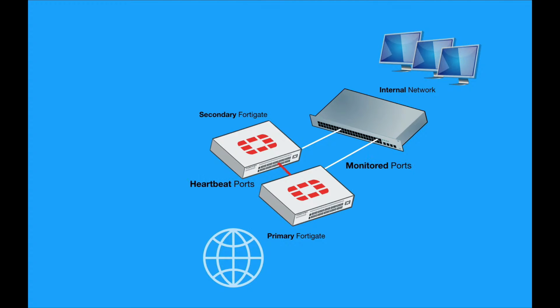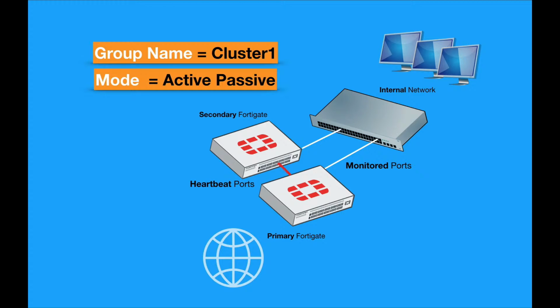Now, when you create a cluster, you actually create a group. You have to name that cluster, and you have to assign it a mode, either active-active, that is, the two FortiGates will be responsible for the different sessions on your network, or active-passive.